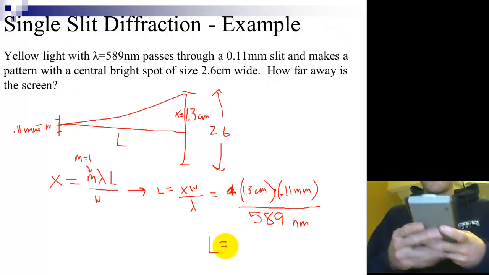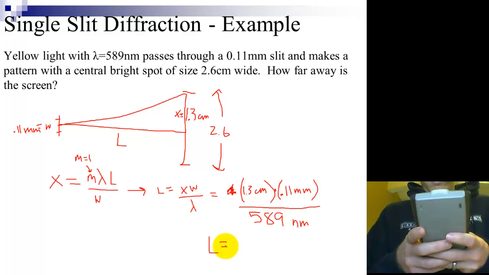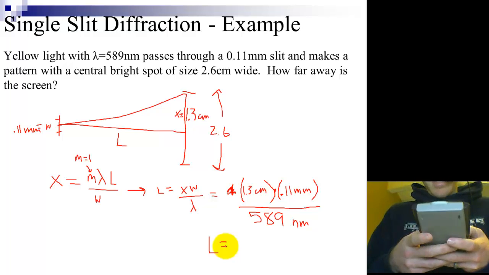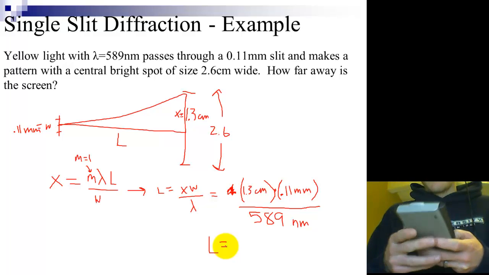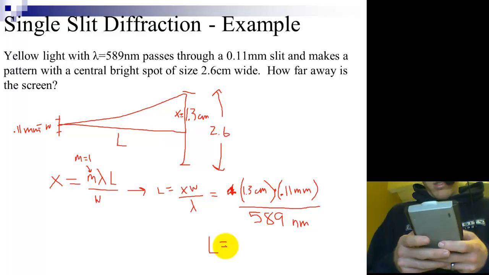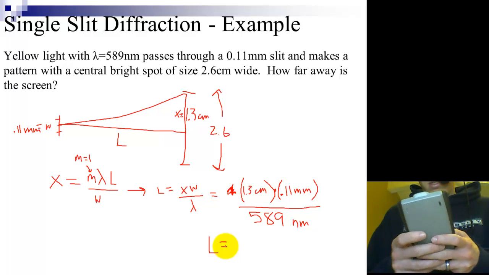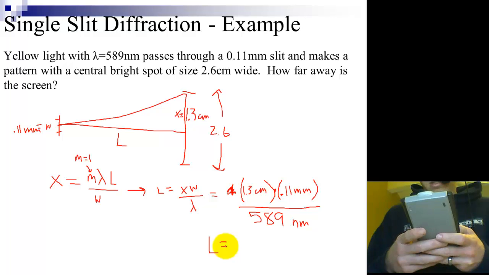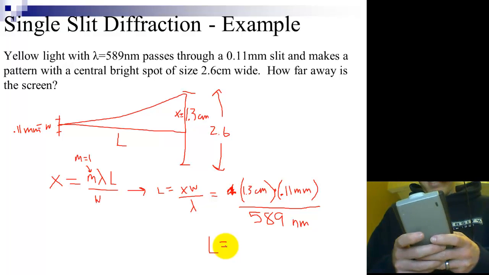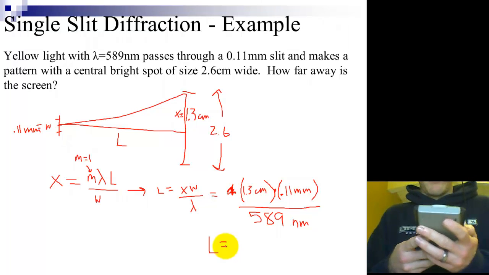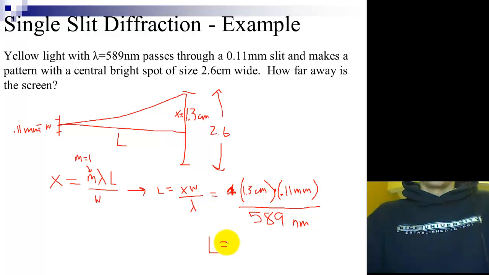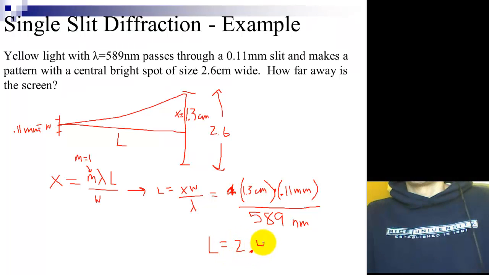Remember that centimeters is a 100th of a meter, so 1.3 divided by 100 times 0.11 divided by 1,000. Then we're going to divide by 589 times 10 to the negative 9th for nanometers. And I've gotten out 2.43 as my distance to the screen, 2.43 meters.